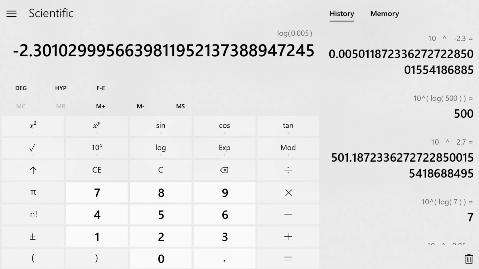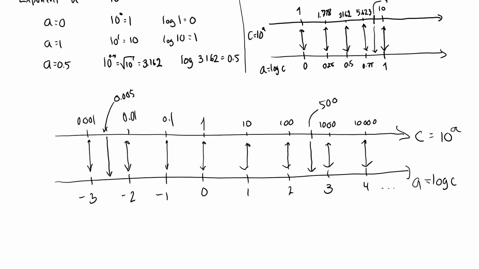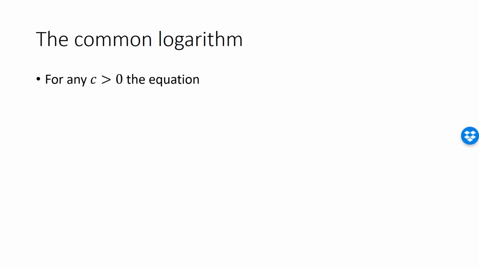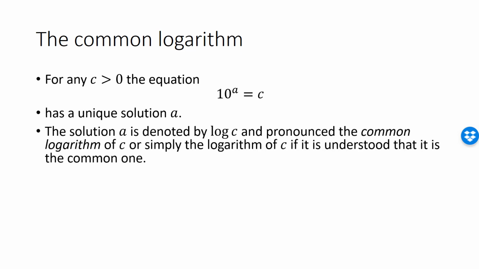We have now illustrated how the common logarithm of any number c greater than 0 is defined. The starting point is that the equation 10 to the a equal to c always has a unique solution. Therefore, c can always be written as 10 to the a for some unique number a. The common logarithm of c is then precisely a.